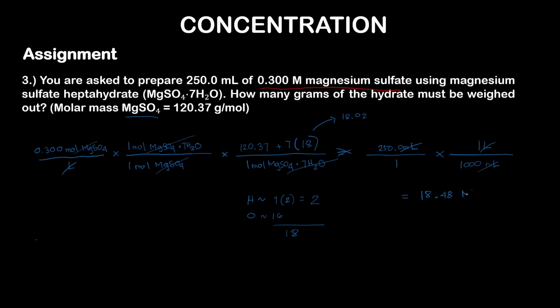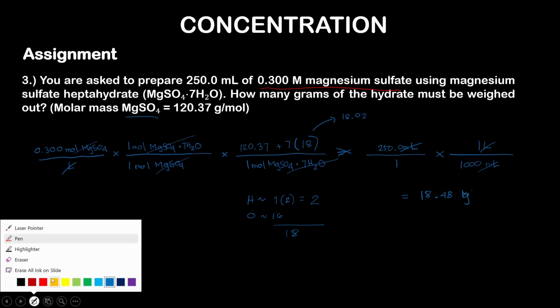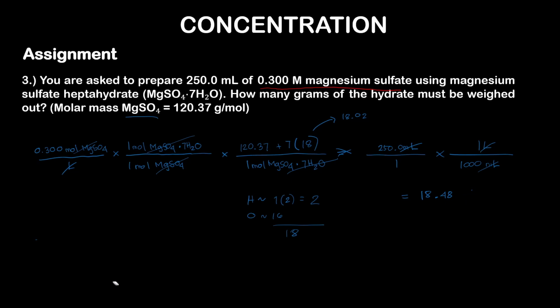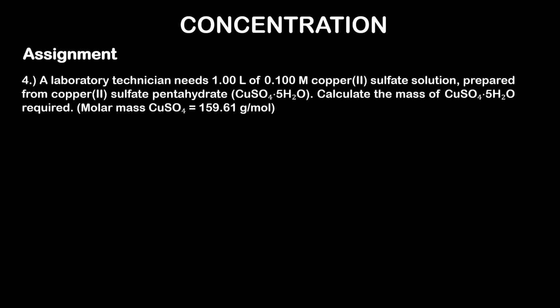Oh, sorry, grams. Let me write that again. 18.48 grams. So this is the mass that you should weigh for your magnesium sulfate heptahydrate. That's easy, right? Next.